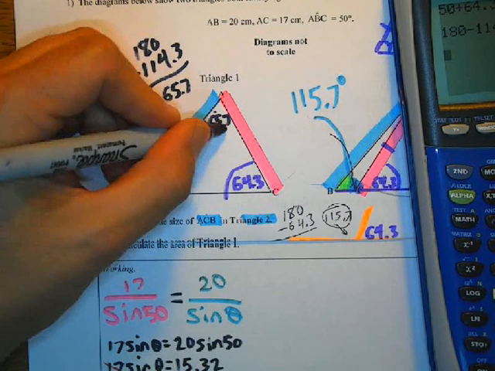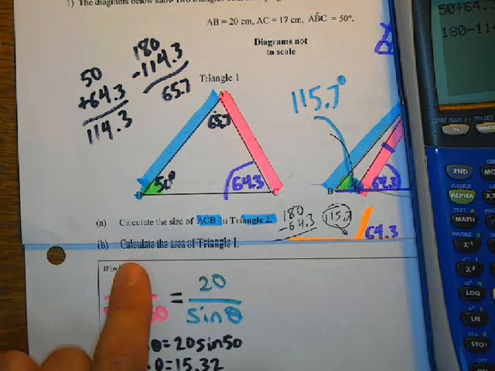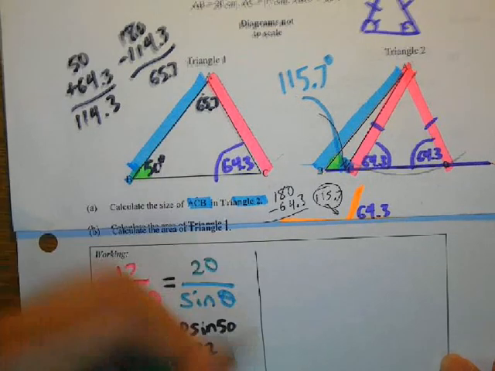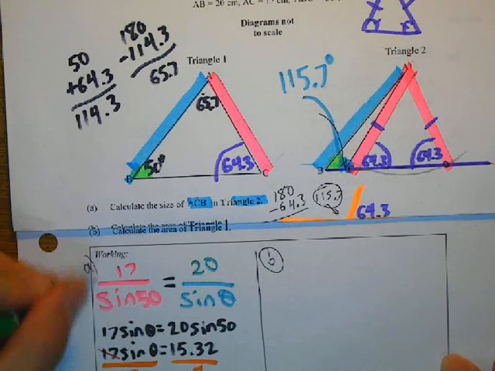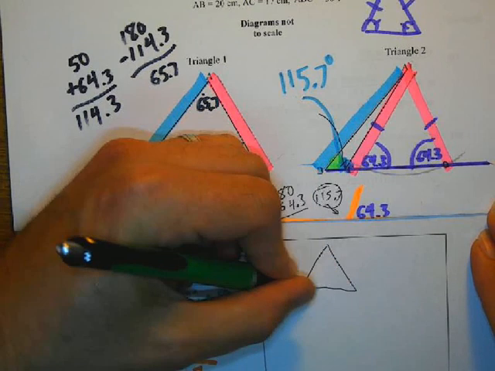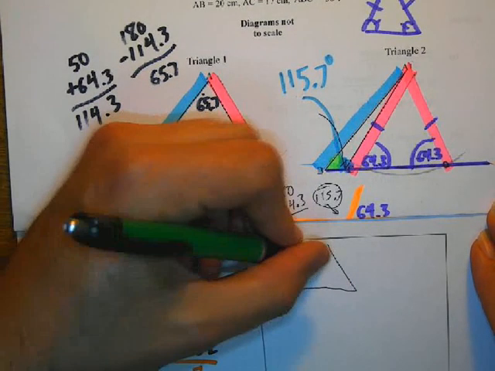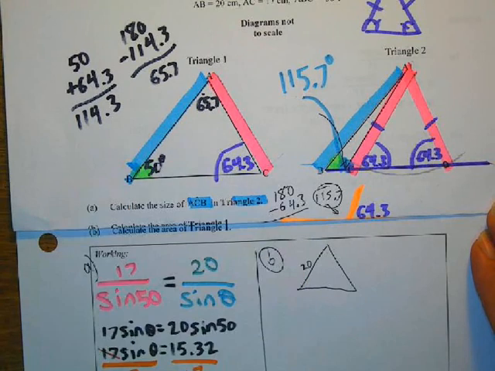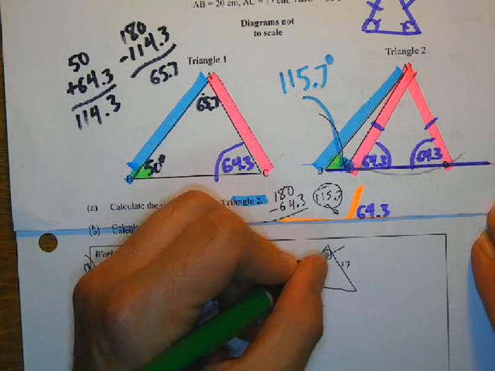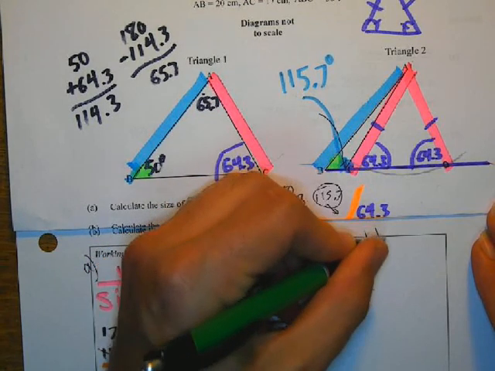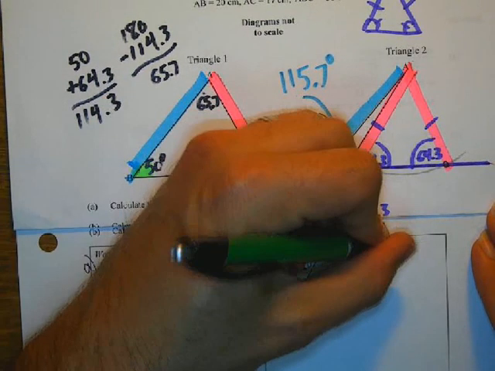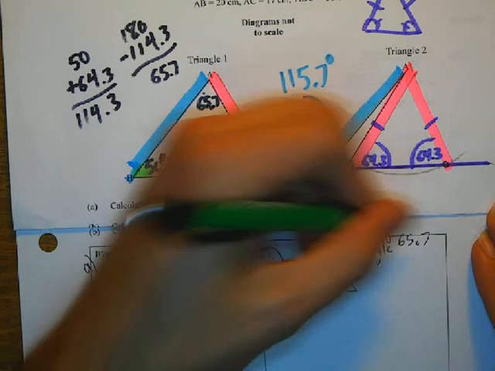We needed that angle to find the area, because to find the area of a triangle, we need the included angle. So we know this is 20, we know this is 17, and our included angle we know is 65.7 degrees.